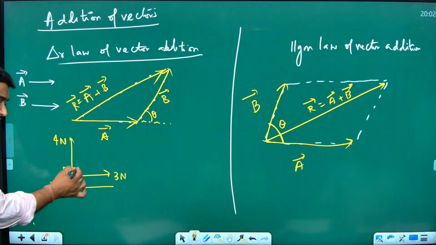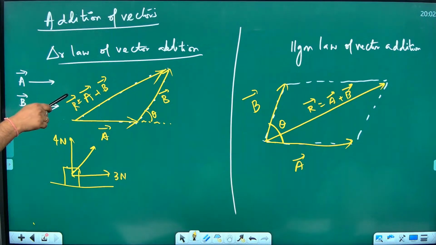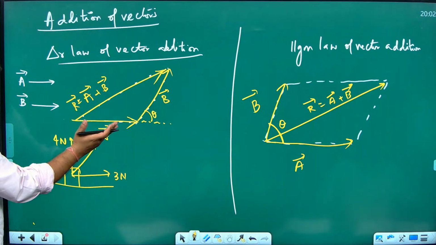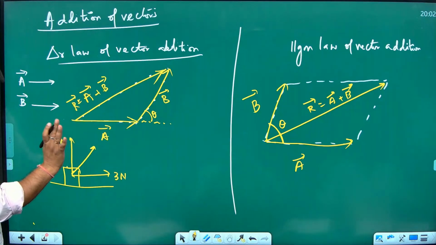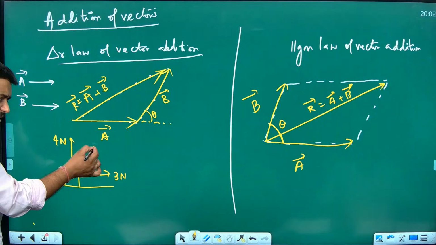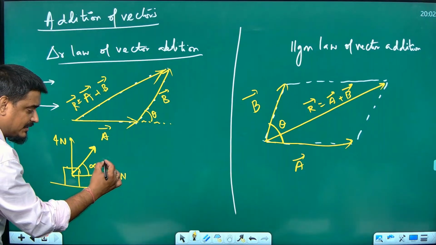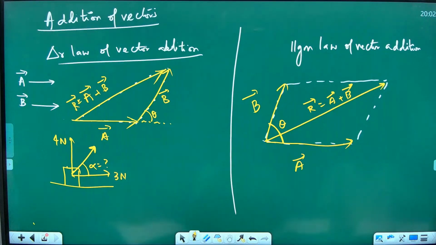It will be somewhere like this, because parallelogram law says A vector, B vector, resultant vector. We will talk about that. So, how much is acting and in what direction it is acting? That only we are going to derive now.